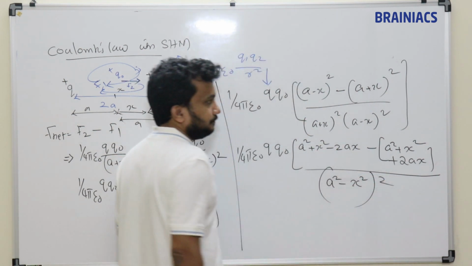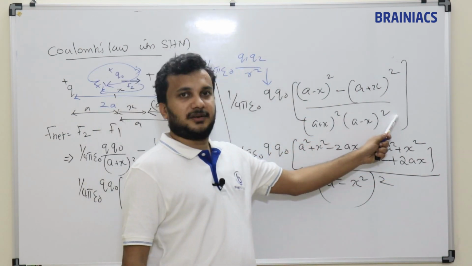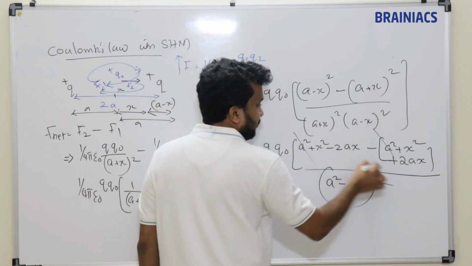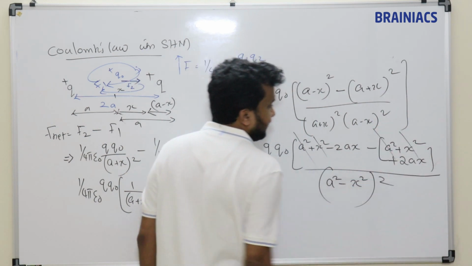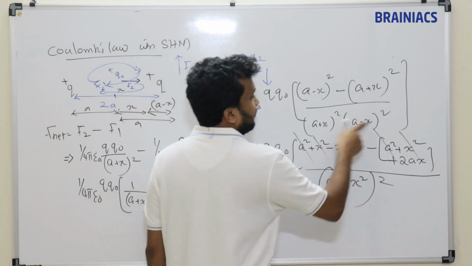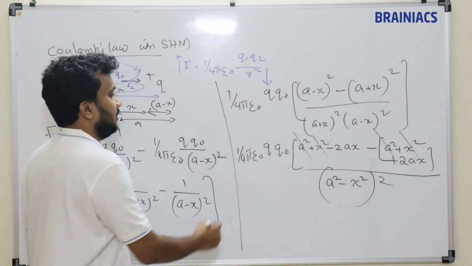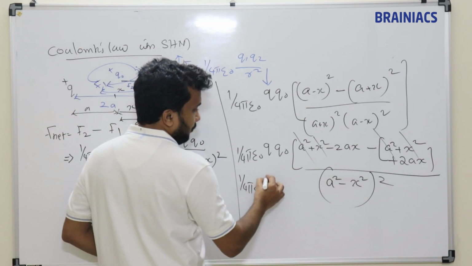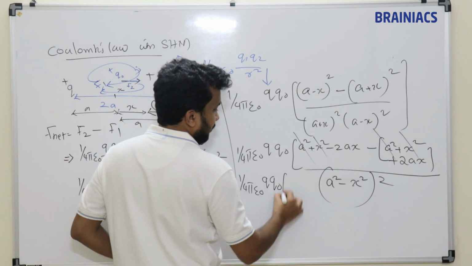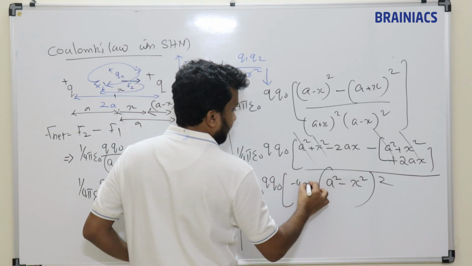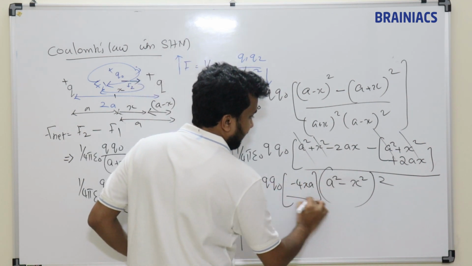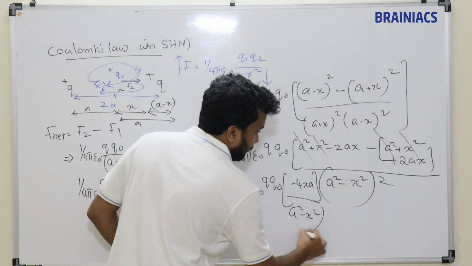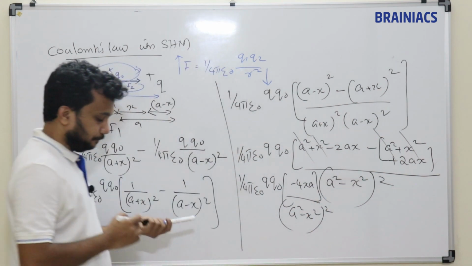So the denominator will be A square minus X square the whole square, because here square, here also square. Next, A square cancels, X square cancels, and minus 2AX minus 2AX, totally how much will come? Minus 4AX. So 1 by 4 pi epsilon 0 Q into Q0 into minus 4XA, divided by the denominator A square minus X square the whole square.